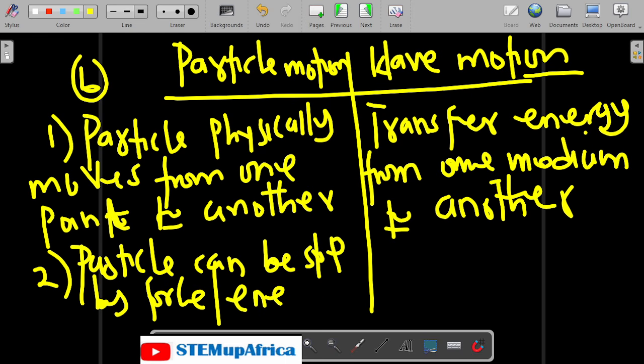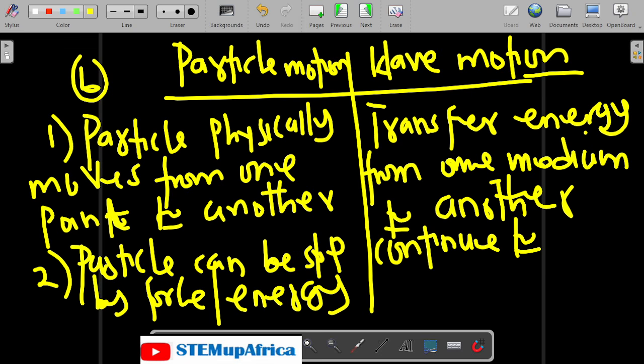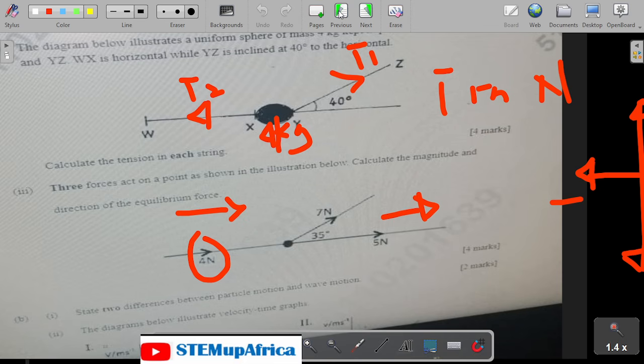What happens to wave motion? It continues to propagate. So that's the difference between particle motion and wave motion.